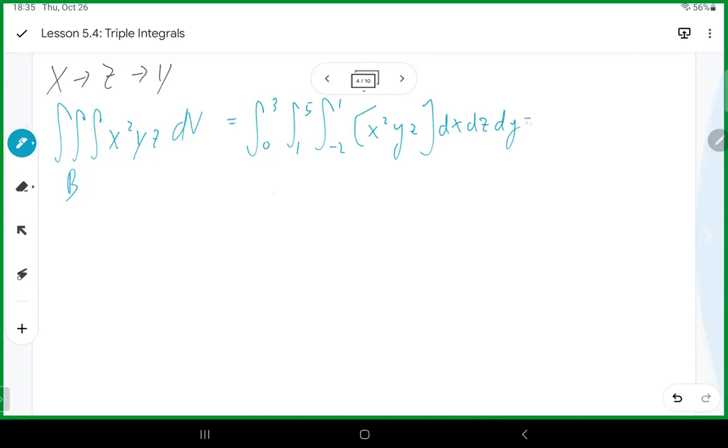And then I'll try to squeeze it in right here. And then that's from -2 to 1.